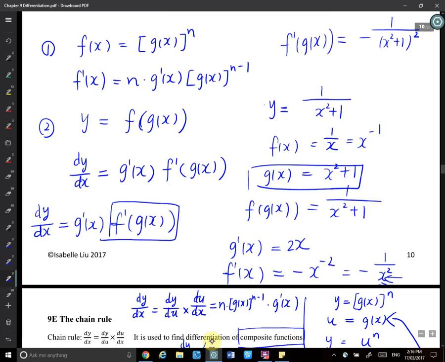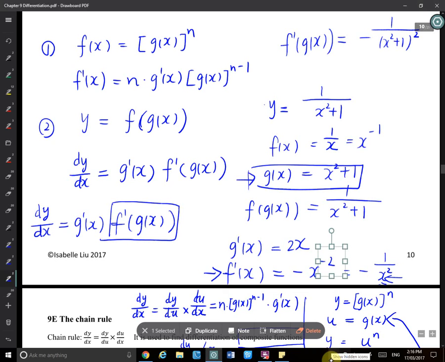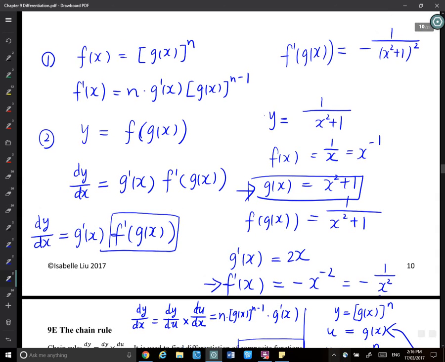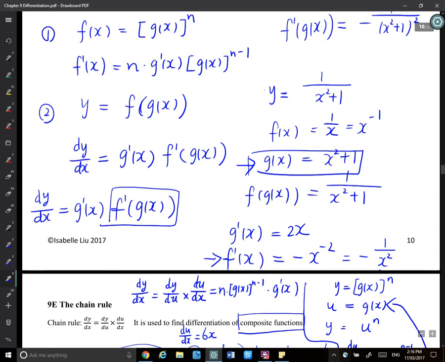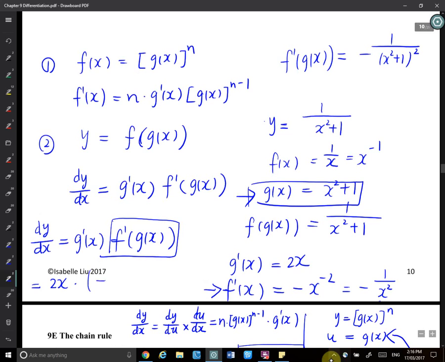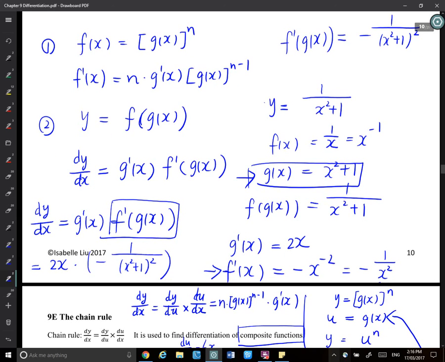f'(x) is this, g(x) is this. So what is f'(g(x))? You put g(x) into f'(x), and that will give you minus 1 over bracket x squared plus 1, the whole thing squared. So what is dy/dx? dy/dx is g'(x), which is 2x, times f'(g(x)), which is minus 1 over x squared plus 1, whole thing squared. Okay, so that's the derivative.